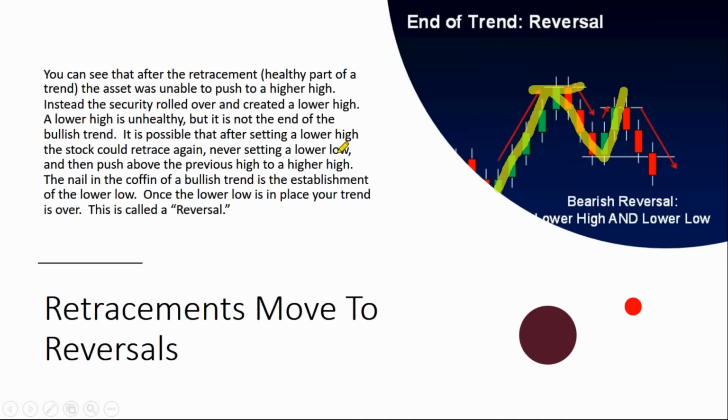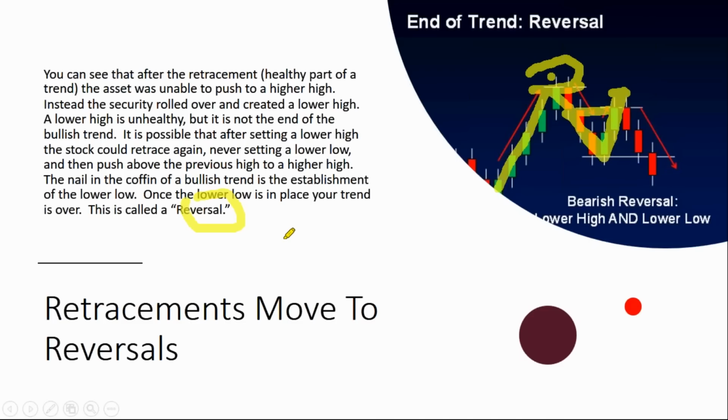Instead, the security rolled over and created a lower high, which is unhealthy. So what happened here is that when it started to recover from that retracement, it couldn't go above the high that it made, it wasn't higher than its initial high. It's telling you the market is in trouble, and this becomes the sign of a reversal.